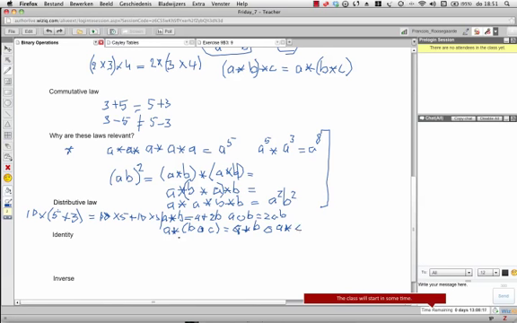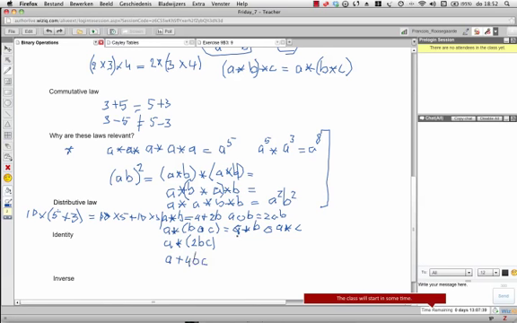The circle is 2AB, so I get A star 2BC, which leads to A plus, and instead of B I have 2BC multiplied by 2, so this gives me A plus 4BC.